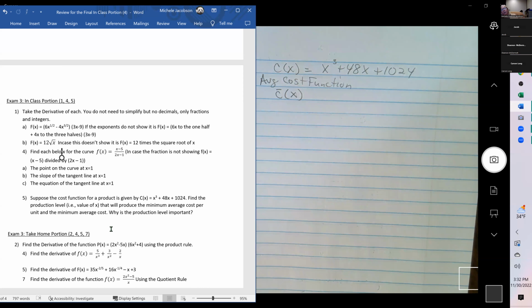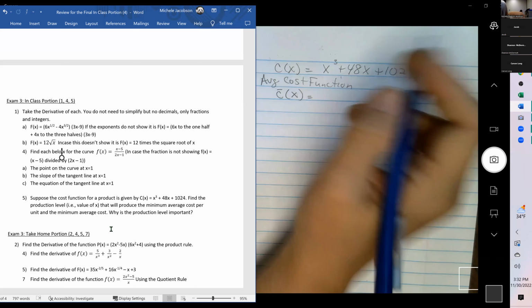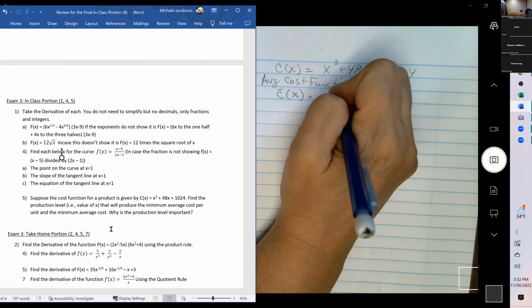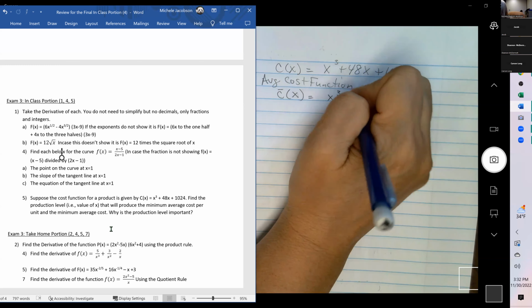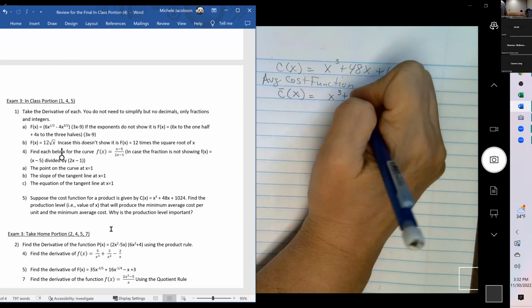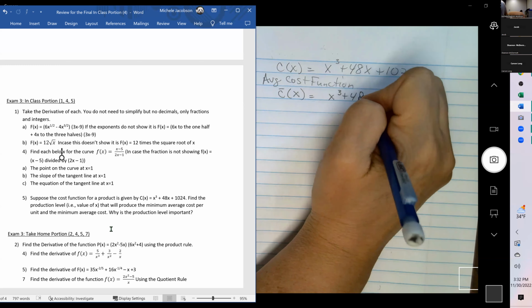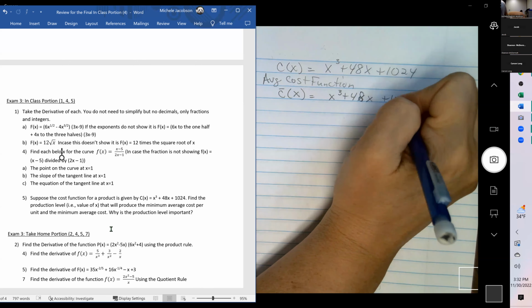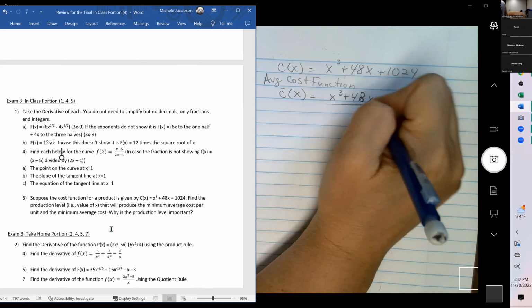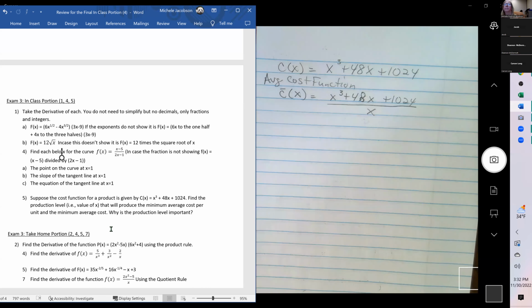To find the average cost, remember, for an average you divide by how many there are. And in this case, there's x of them. So the average cost function just takes your function and divides by x. Any questions?